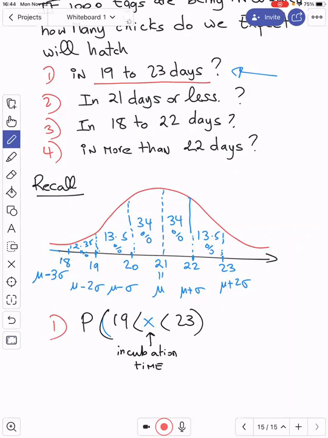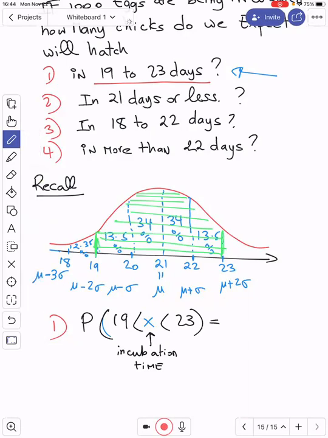Here's 19, here's 23. This probability corresponds to the area of this green region. Now, let's try to compute the area of this green region.